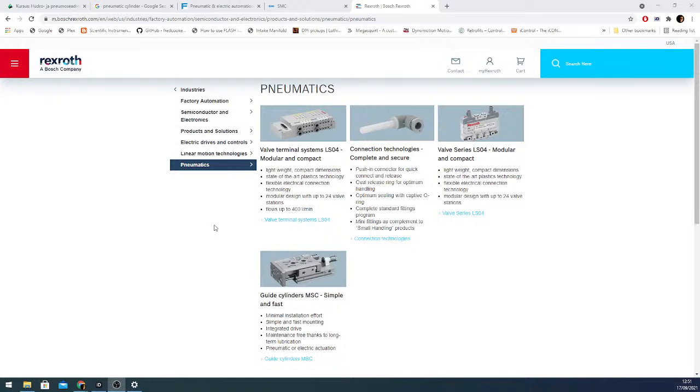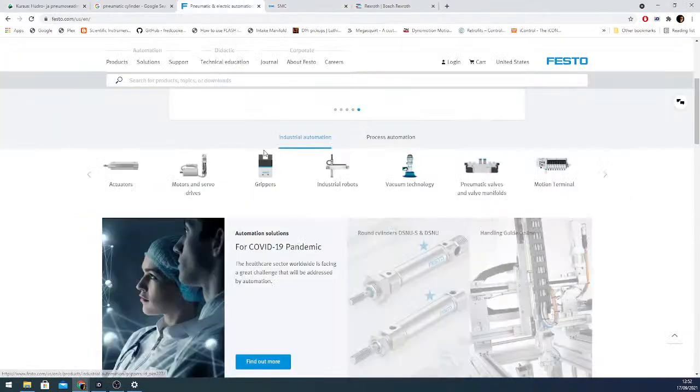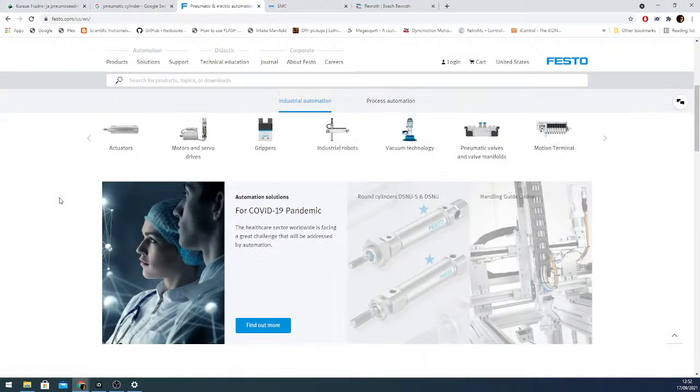Anyways, a lot of companies provide pneumatic equipment and also hydraulic equipment. Even Estonia actually produces hydraulic cylinders, but at the moment I don't remember the name of the company that does that.